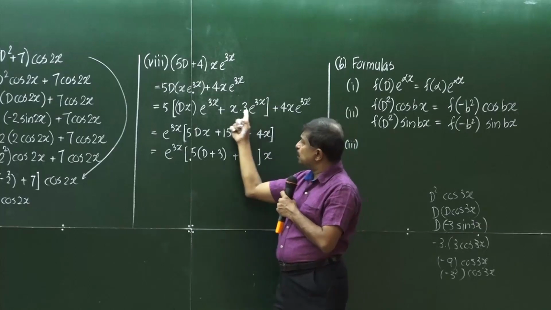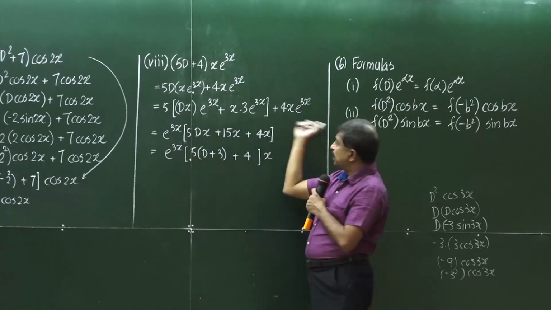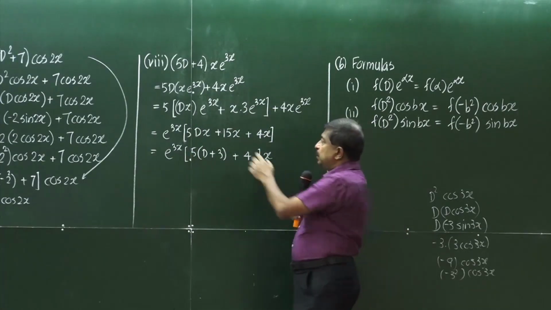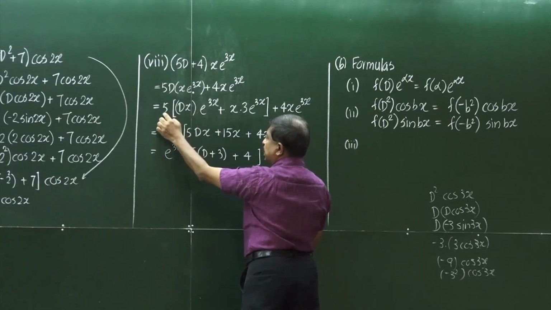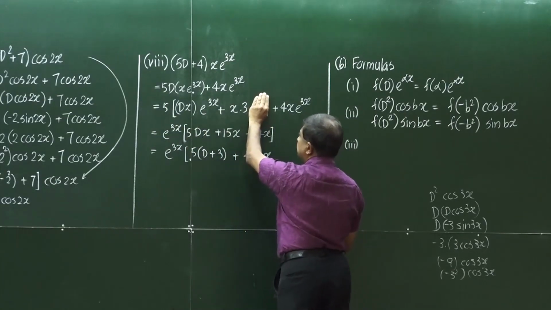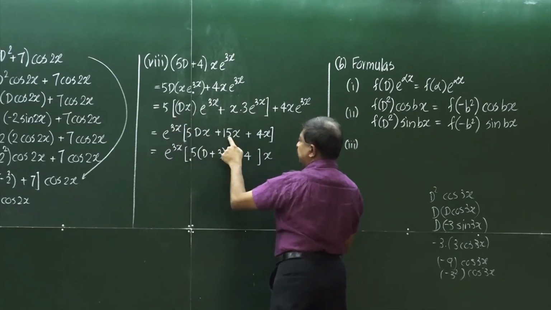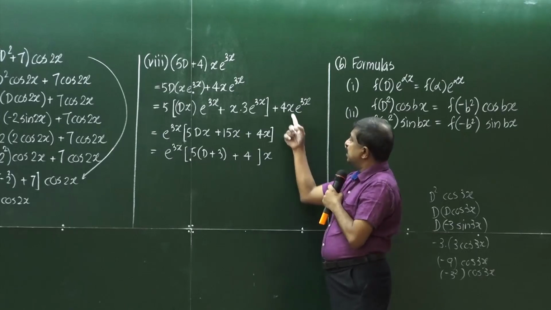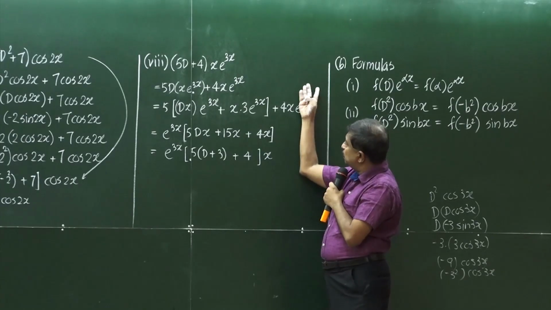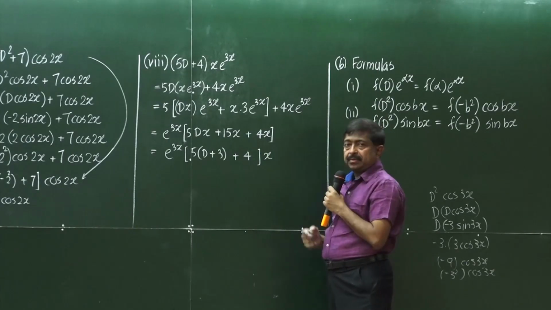Now you pull out e to the power 3x from this one, from everything. So when you pull this out, you get 5Dx. When you pull this out, you get 3x, but it is multiplied by 5. You get 15x. Now you have this one. Since this is pulled out, you have 4x.